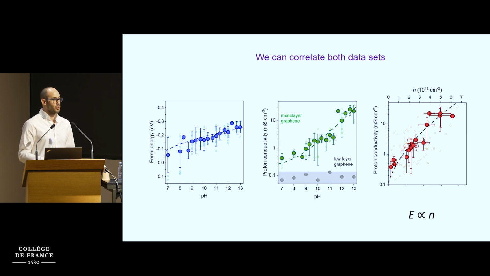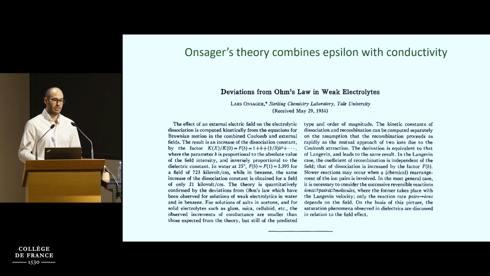So we need a theory for this, and because there was an exponential relation, we decided to use the theory of the Onsager-Wien effect. What this tells you is that if you have a weak electrolyte, this could be a weak acid, or in this case, water, and you expose it to an electric field, this shifts the equilibrium of the reaction, and this produces more ion pairs, which is what we ultimately measure.